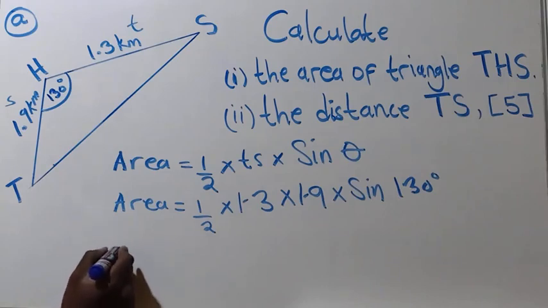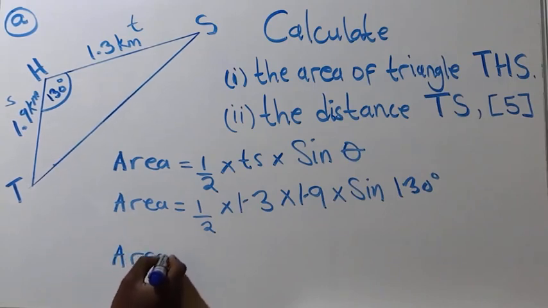Okay, so in this case, let's proceed. You say area is equal to... This is paper 2, and a calculator is needed for you to use. So you are going to punch these things on the calculator. I've got a calculator with me here.